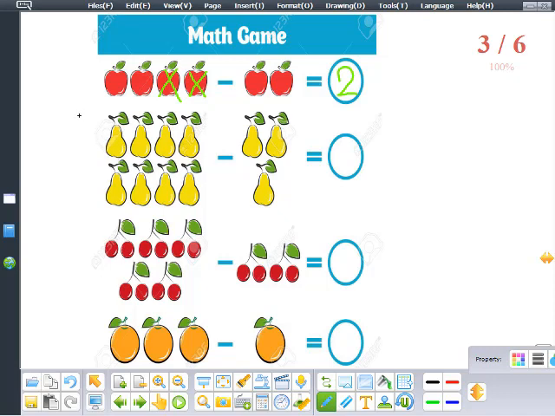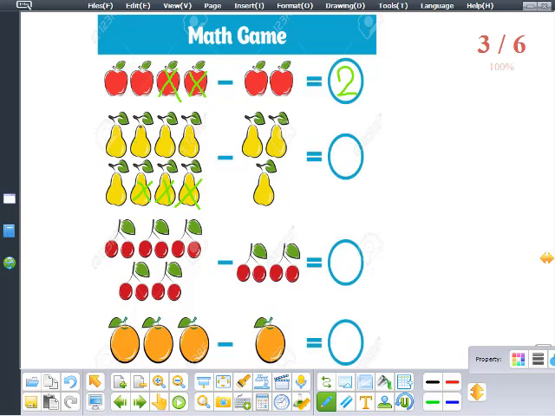I'll eat 3 of them. 1, 2, 3. So I make a cross on how many? On 3. Well done. So here we have 8 pears. I make a cross on 3. How many pears remain right now?